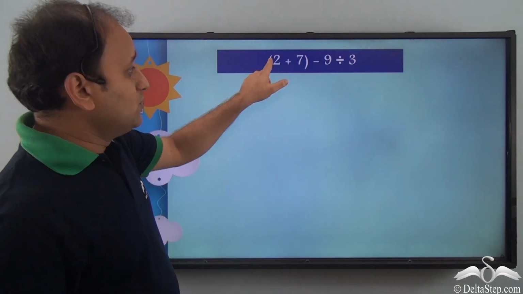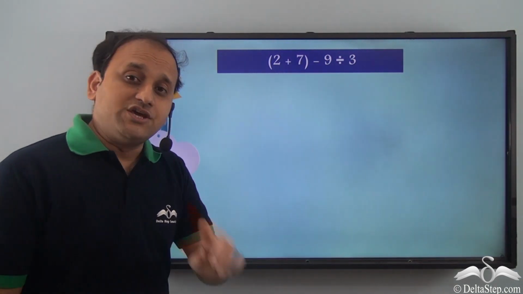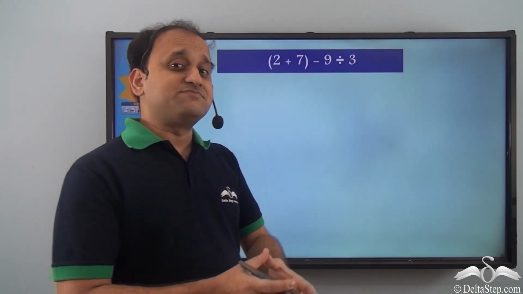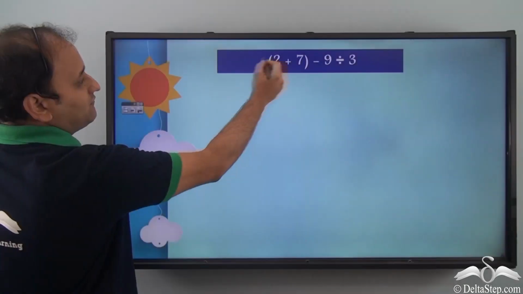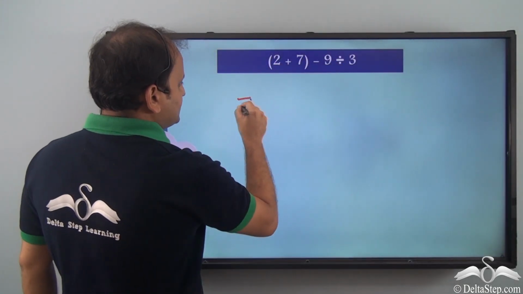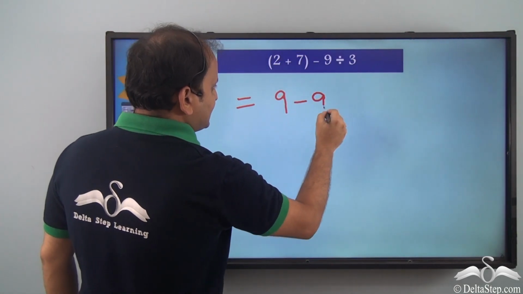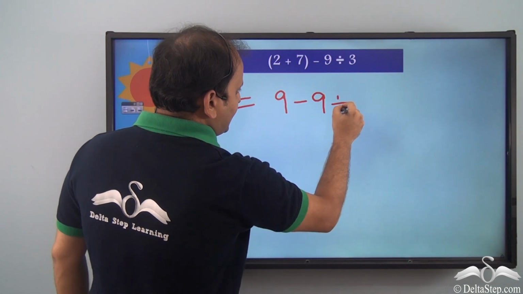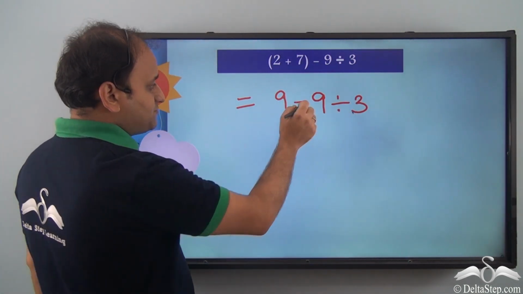So now can you solve this particular expression? If you solve this particular expression using BODMAS, what will be the final answer? Well, first of all we'll consider the brackets. So 2 plus 7, that is 9 minus 9 divided by 3. Now we have two operations, division and subtraction.